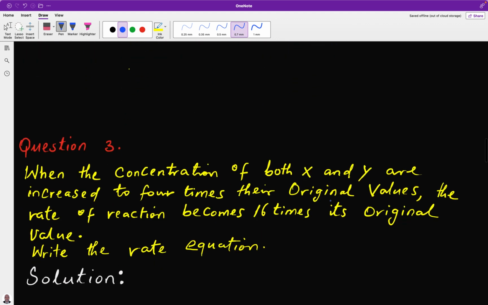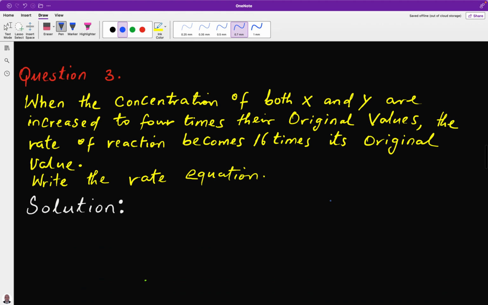Okay, let's go to the third example. When the concentration of both x and y are increased to 4 times their original values, the rate of reaction becomes 16 times its original value.